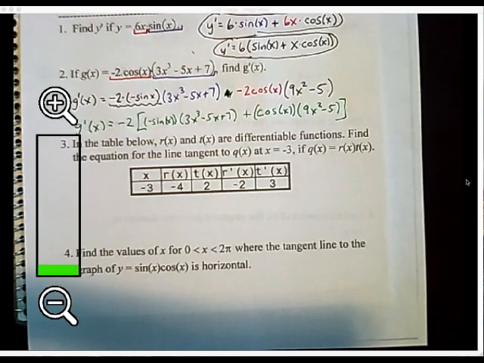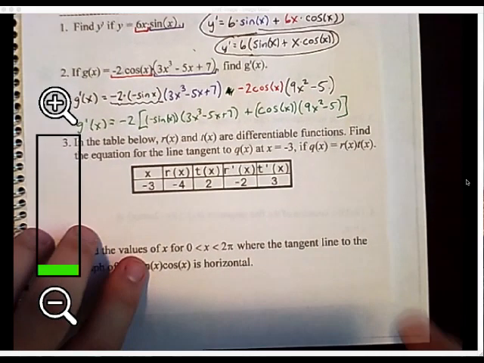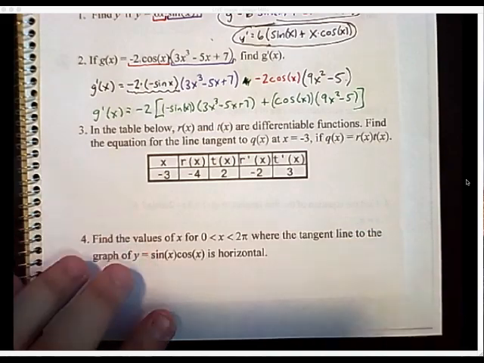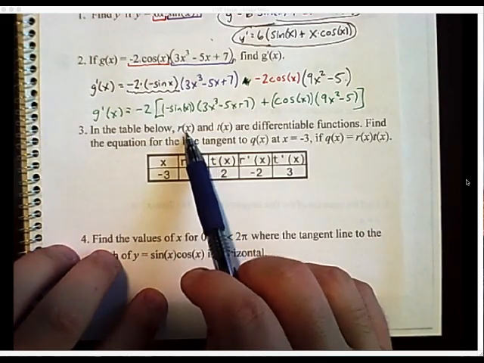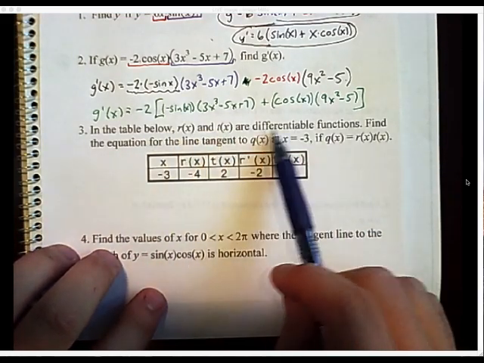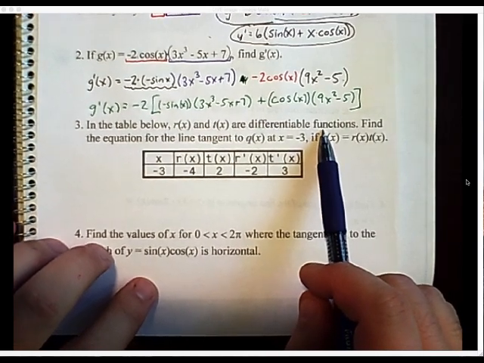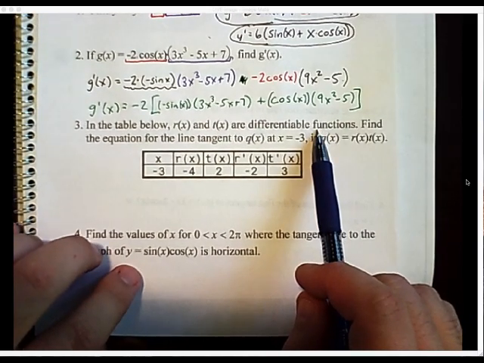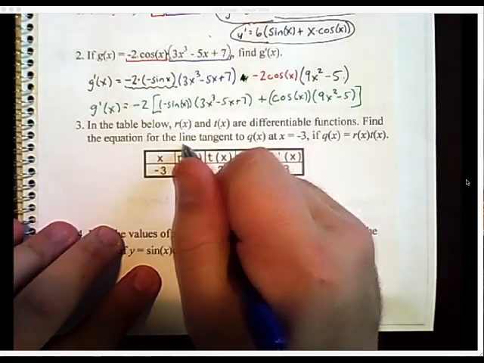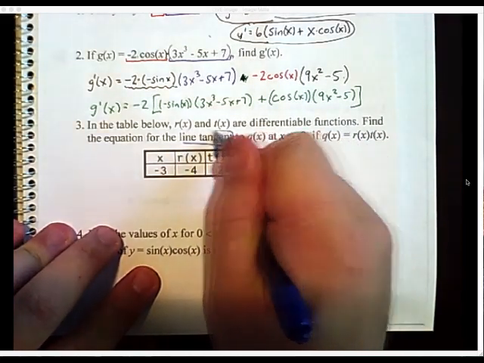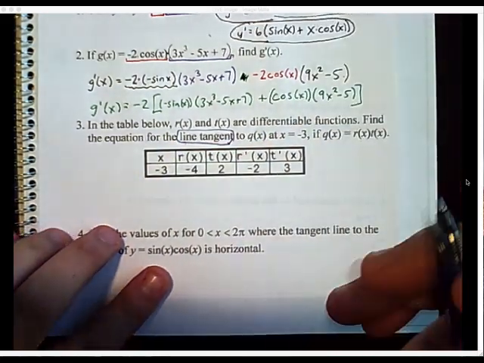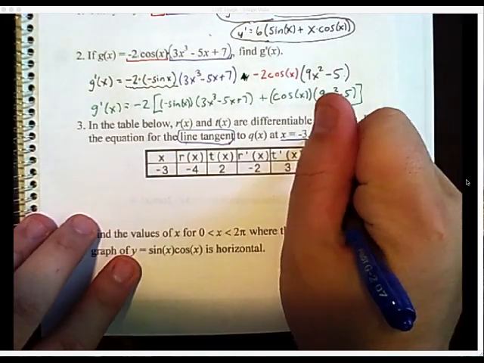Okay, let's try one that's a little bit harder because it gives me information in a table. So in the table below, it tells me r of x and t of x are differentiable functions, which means you can take the derivatives of them. Find the equation for the tangent line at x equals -3.